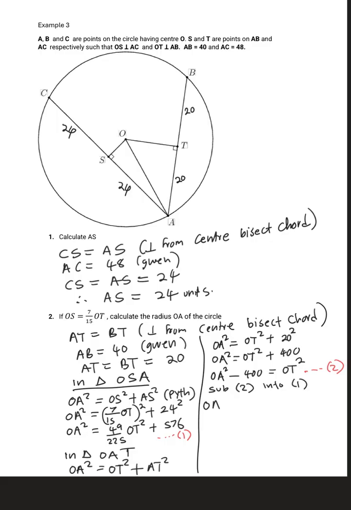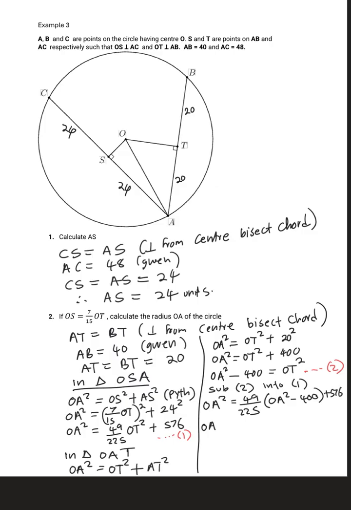So where I see OT squared, I'm going to replace it with OA squared minus 400. So we have OA squared is equal to 49 over 225, and then where I see OT squared, I just replace it with OA squared minus 400 plus 576.